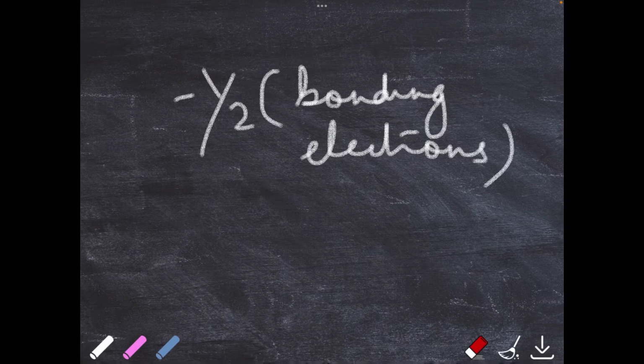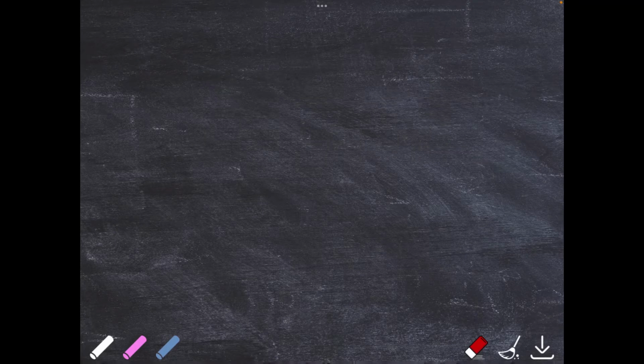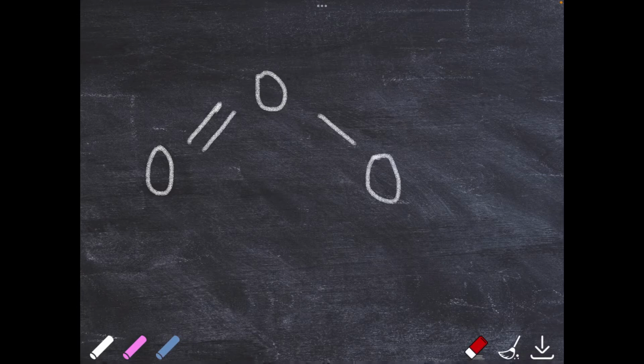Now let's understand this by an example. Supposing I have this molecule of ozone. There's a double bond, so this consists of 4 electrons. Then this particular atom has a double bond on the left hand side and a single bond on the right hand side, so 6 electrons are involved in bonding.